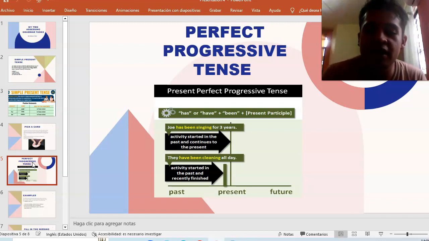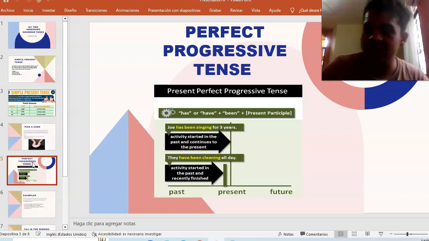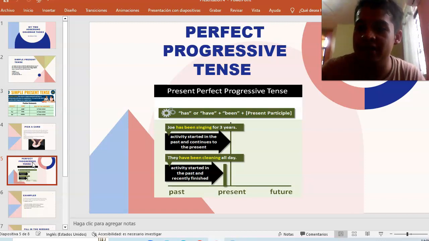They have been cleaning all day. Activity started in the past and recently finished in the present. So, as we can see, it's basically an activity that happened in the past, but that continues on unto the present. That is why perfect progressive tense is really necessary to learn for a student.